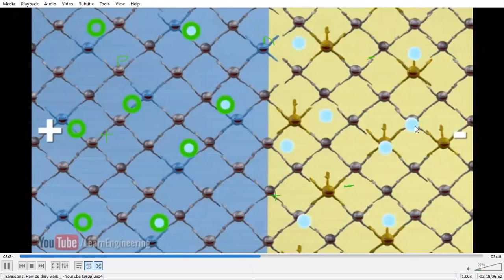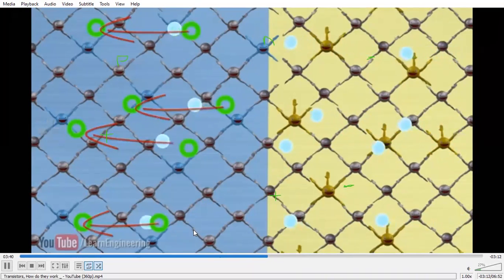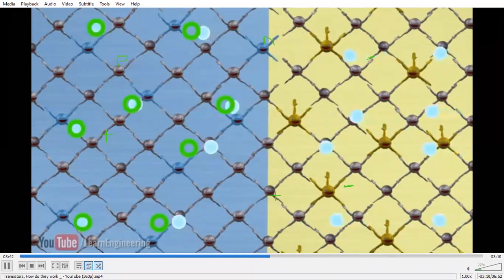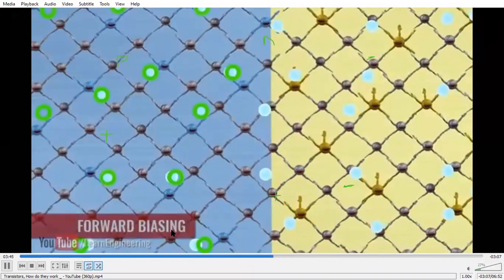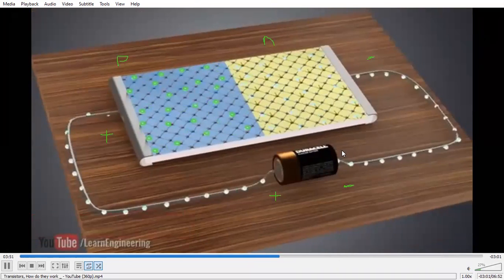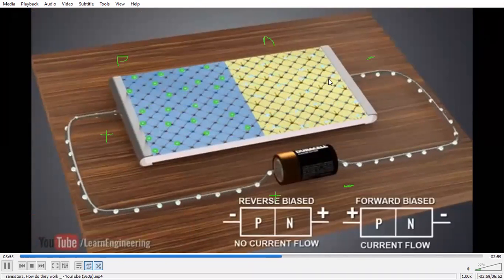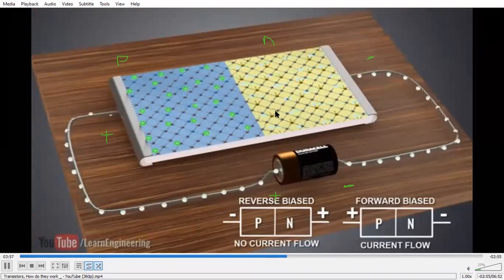That means the electron from the N type is able to move to the P type, so relatively current will move this way. This one we call forward bias.